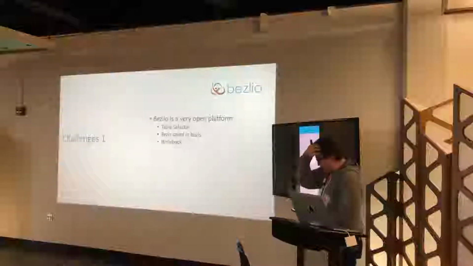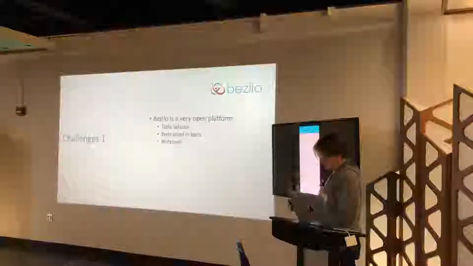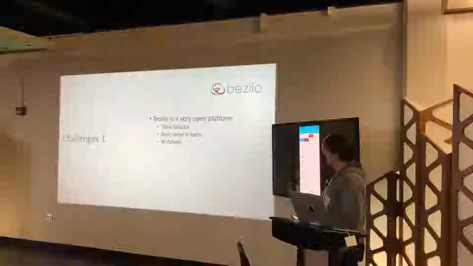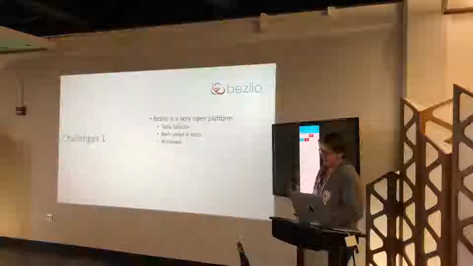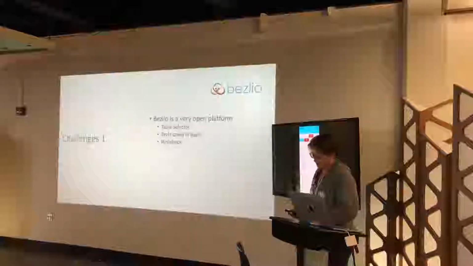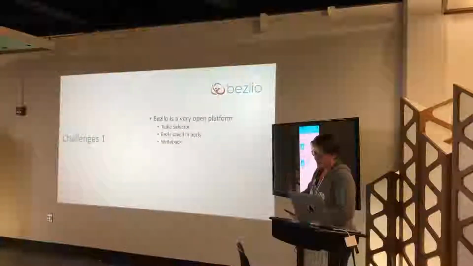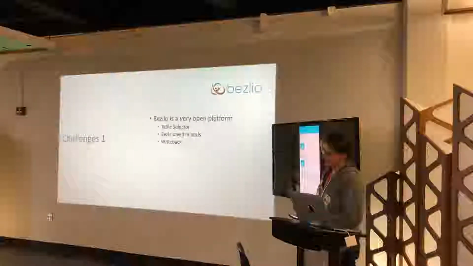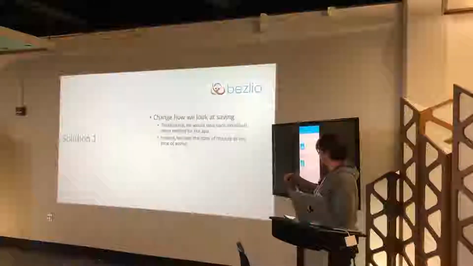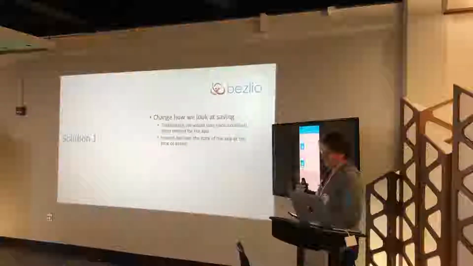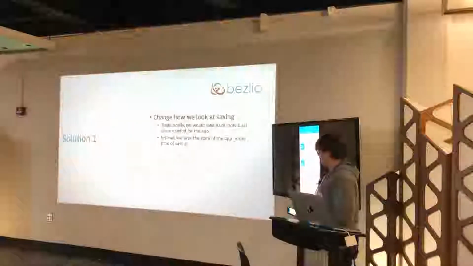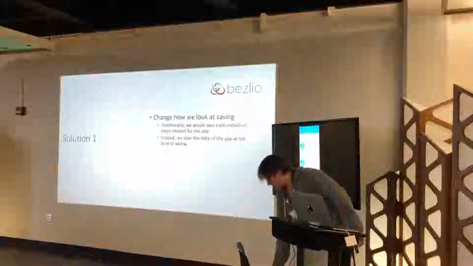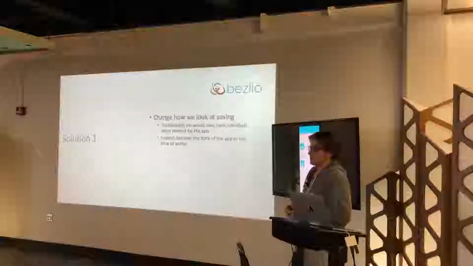So we have to be able to support everything that the Bezlio platform can do and run it seamlessly offline, which goes against the traditional way that you would do an offline mode, where you would store the state of the app completely and just rerun it from that state that you've saved. To get around that, we had to re-look at how we decided to do saving. And we decided to save the whole state of the app at the point that you went offline.